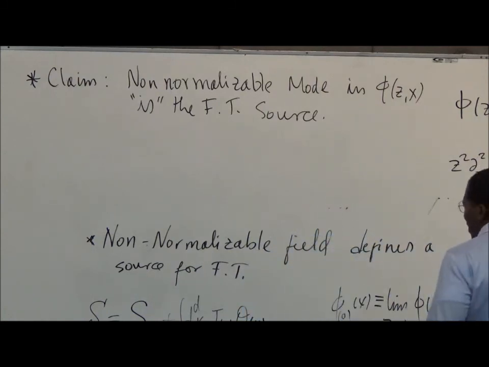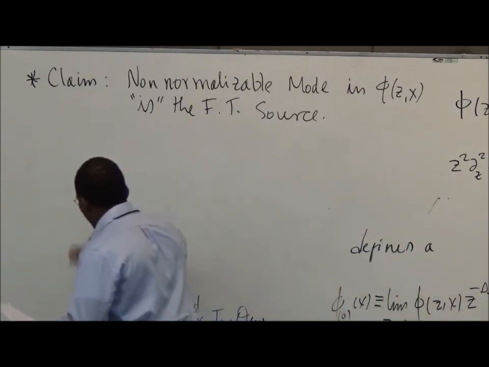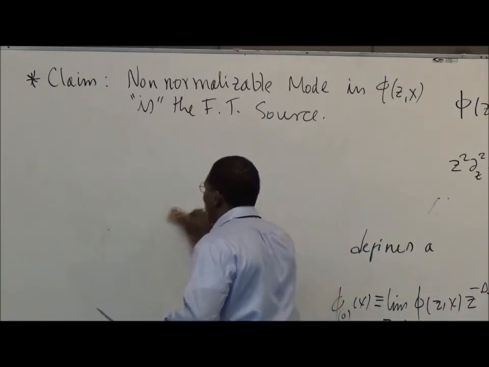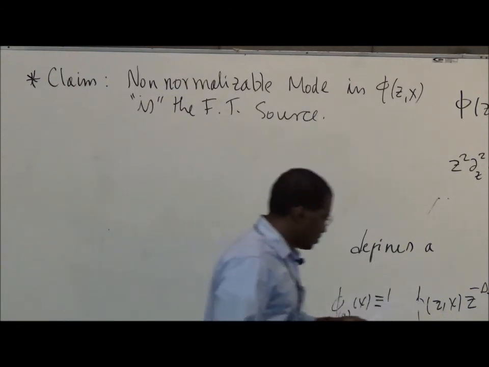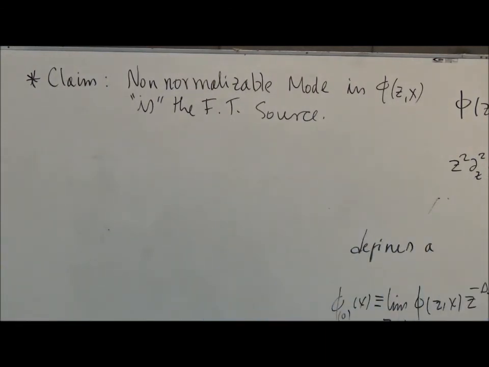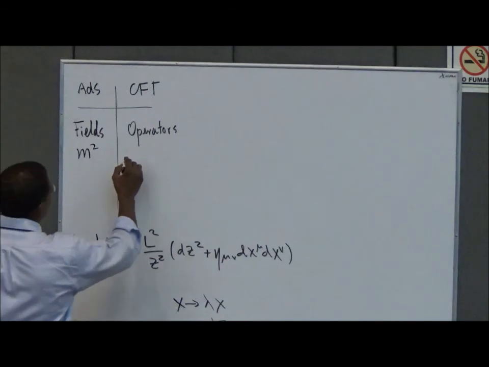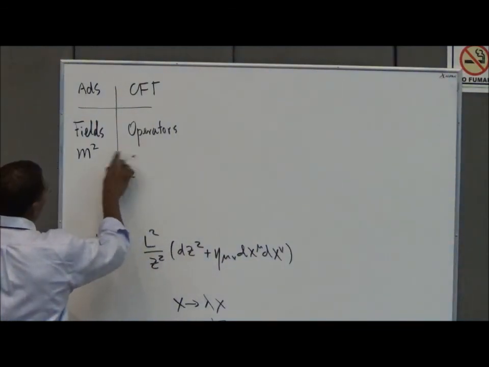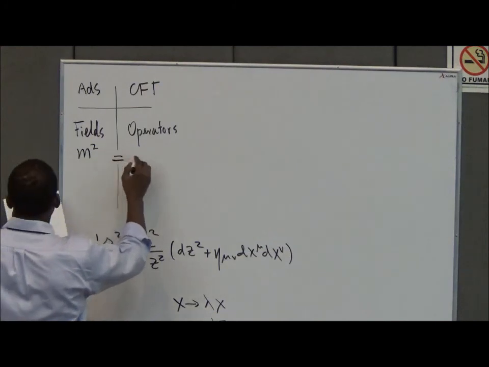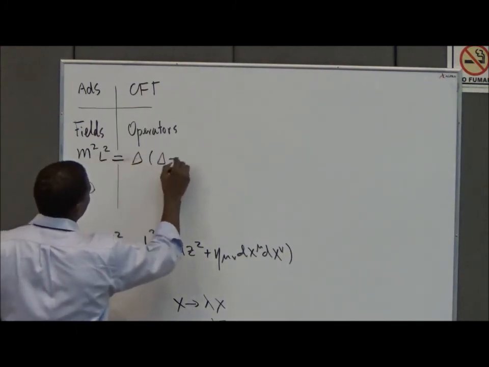So basically we have worked out, if I have a scalar operator, we can go to our table here. If we have a field of mass m squared, it will correspond to an operator of dimension delta, which is given by m squared = delta(delta minus d).